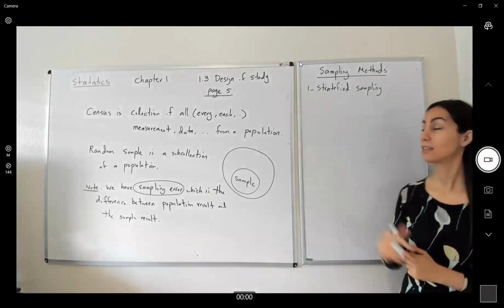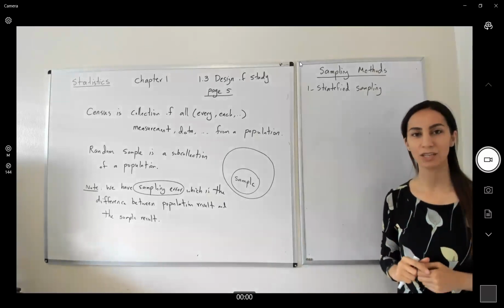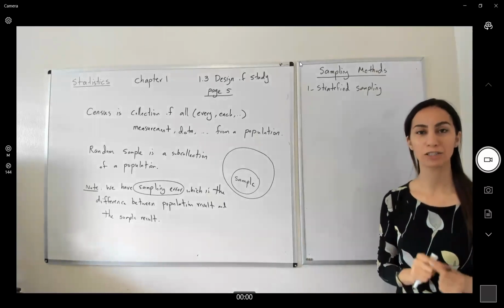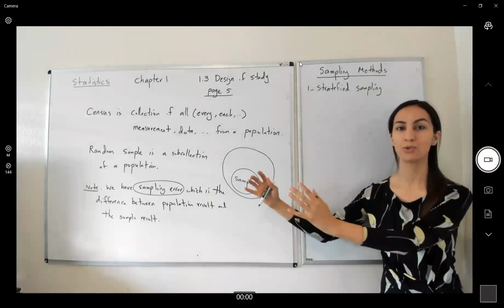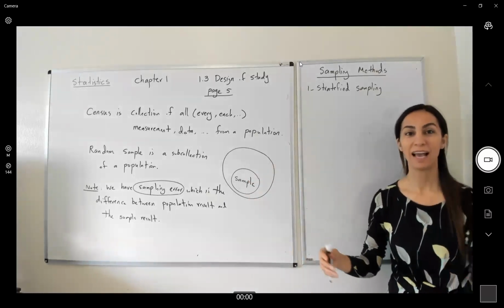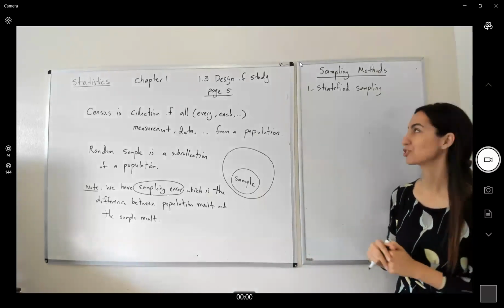In this method, you as a statistician come up with ideas to categorize your population and take random samples from that population.